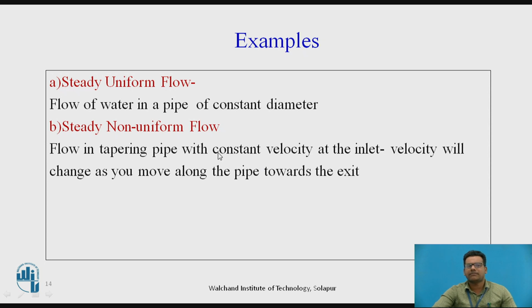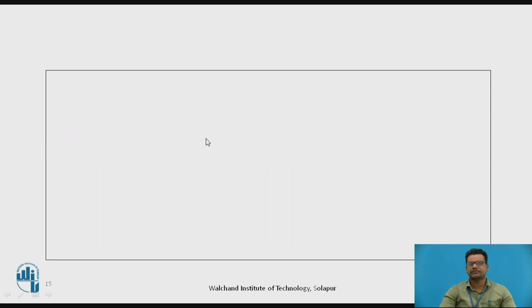In a tapering pipe, at a particular section, the velocity seems to be constant with respect to time, but as you move with respect to distance, due to the taper, the velocity is going to increase. Therefore the velocity is not the same at every point, so that is non-uniform flow. But at a particular point the properties are the same, therefore that is steady. Therefore this example is of steady non-uniform flow.